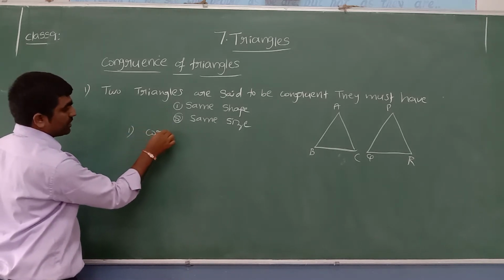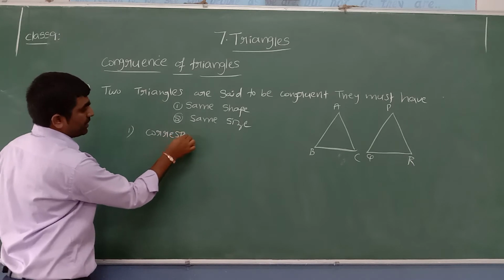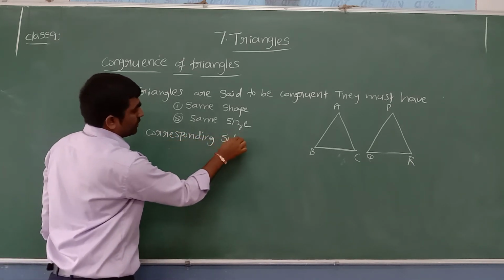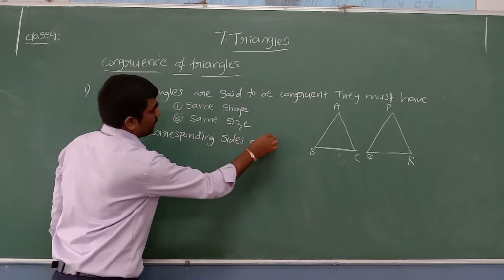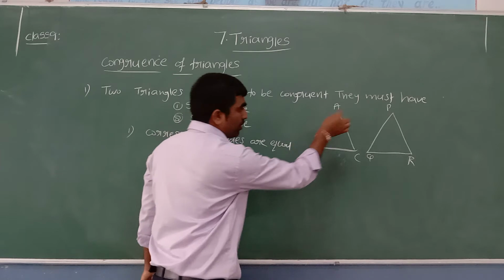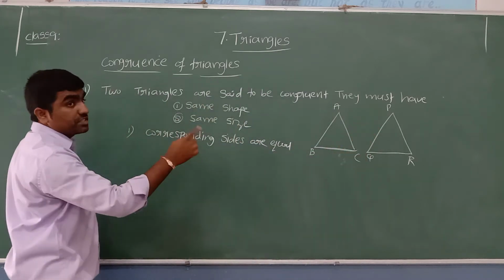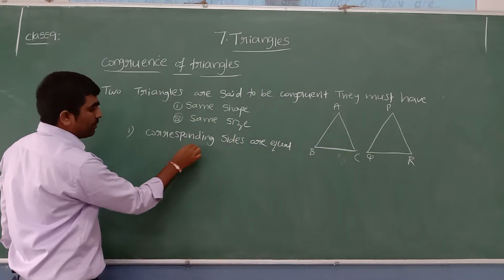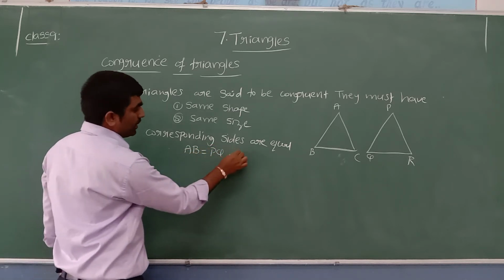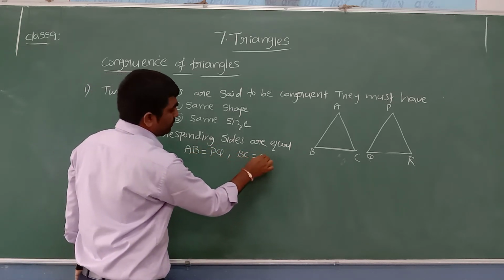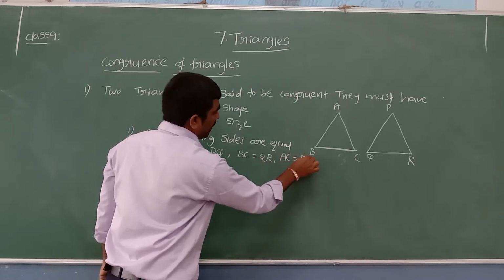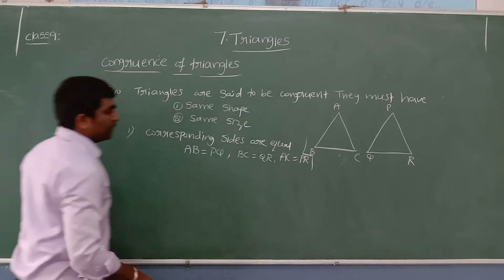AB coincides with PQ. When will they coincide? When they have the same length. AB is equal to corresponding side PQ. Length of BC is equal to QR. And length of AC is equal to PR.